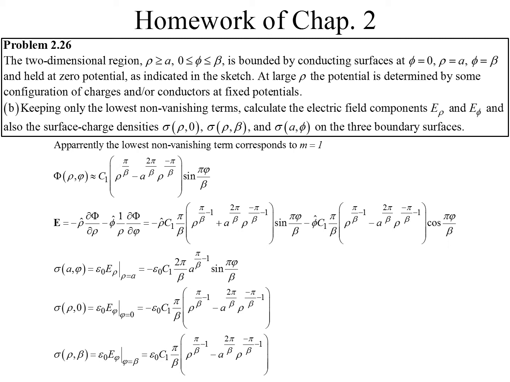Okay, for part B, keeping only the lowest non-vanishing terms, calculate the electric field components E rho and E phi, and also the surface charge density on the 3 boundary surfaces. Obviously, the lowest non-vanishing term is m equals 1.